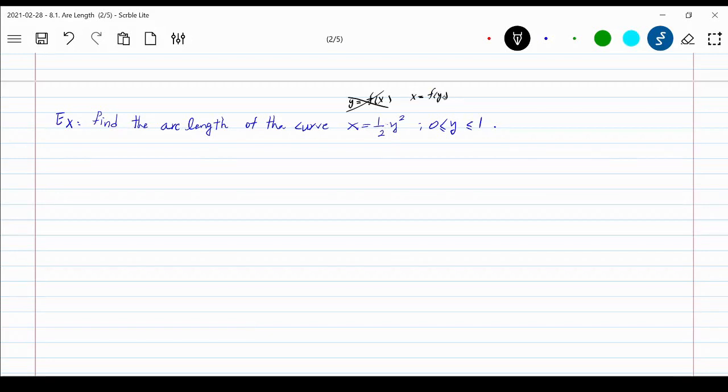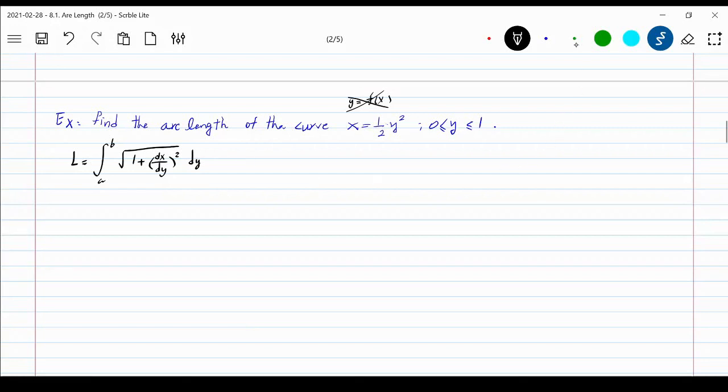So basically, y and x are changed, which means the curve is written in terms of y, not in terms of x. There are two cases: you can change this and rewrite in terms of x, or you can simply assume that if you want to calculate the arc length, from a to b, square root of 1 plus, instead of dy over dx, I write dx over dy squared dy, because now x has been represented in terms of y.